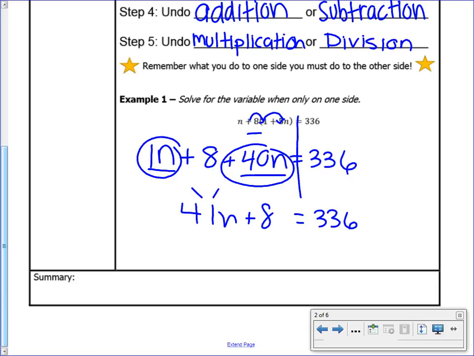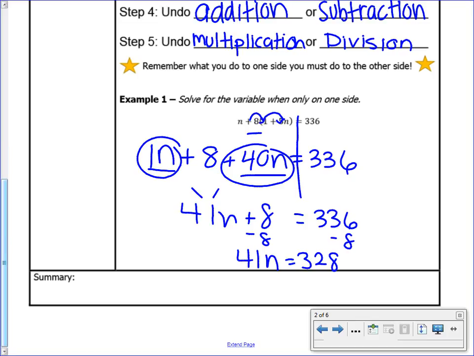Now from here, you're going to subtract 8 from both sides. So you want to undo the addition. So subtract 8, and we get 41n equals 328. So we undid the addition by subtracting, and now we need to undo the multiplication of 41 and n by dividing.